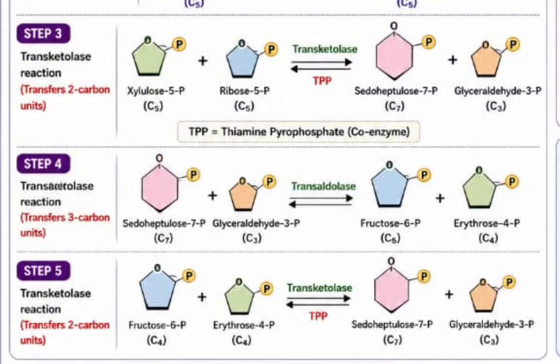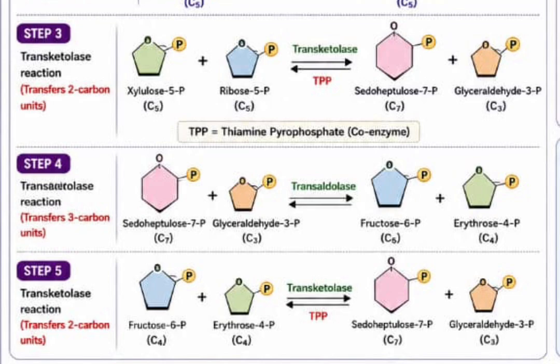Using the transketolase enzyme, you are transferring a 2 carbon unit from the keto sugar, xylulose 5-phosphate, to the aldose sugar, ribose 5-phosphate. You are taking 2 carbons from xylulose and giving them to ribose.